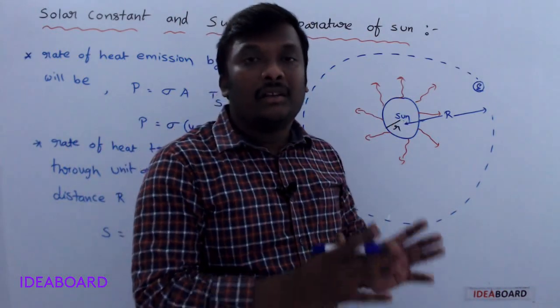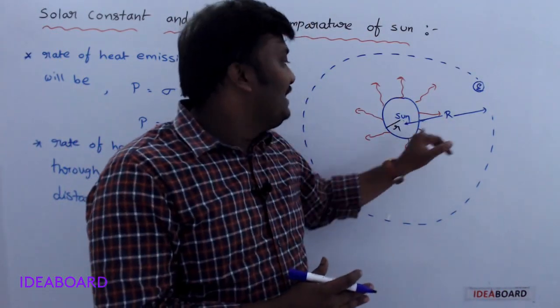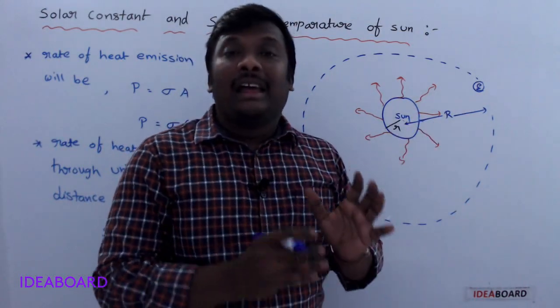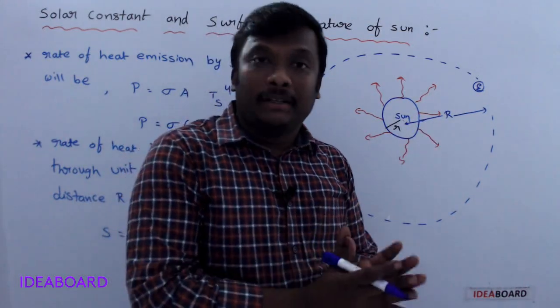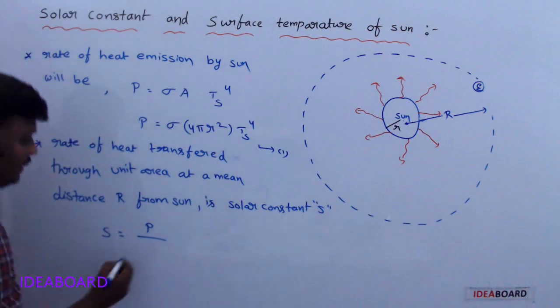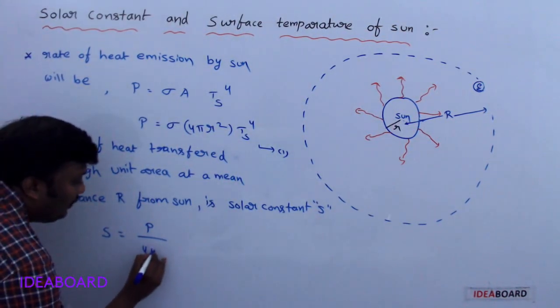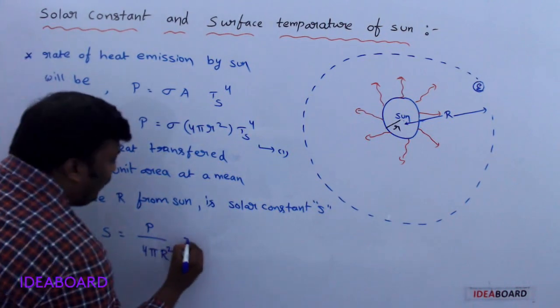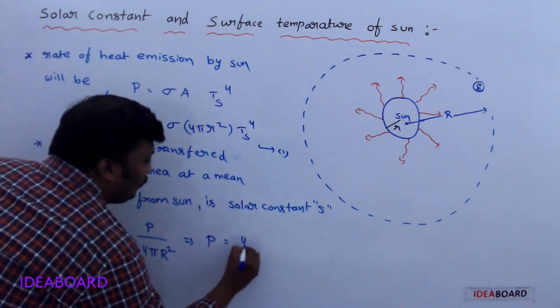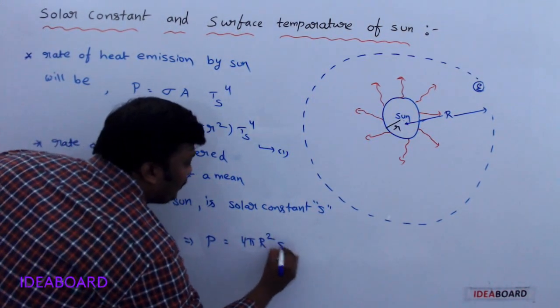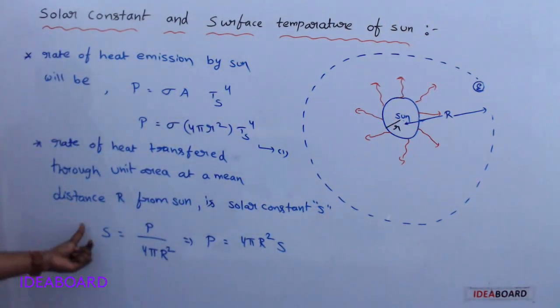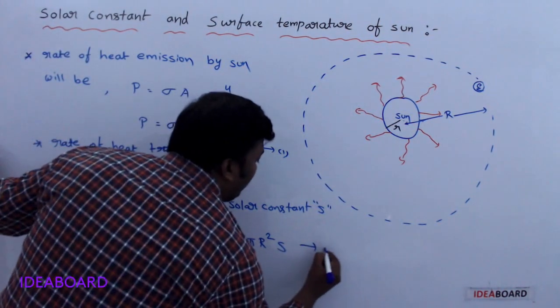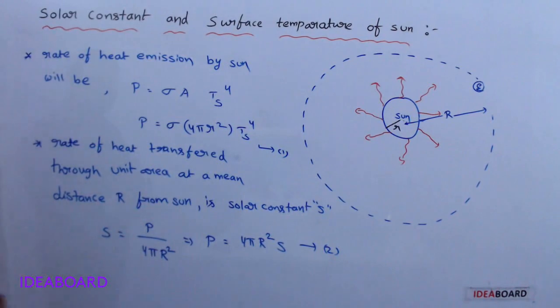You may assume the mean distance between the sun and earth is taken as a sphere. If it is a sphere, then what is the area formula? 4 pi capital R square. So from this formula you can write P is equal to 4 pi R square S R naught. Let this be equation number 2.